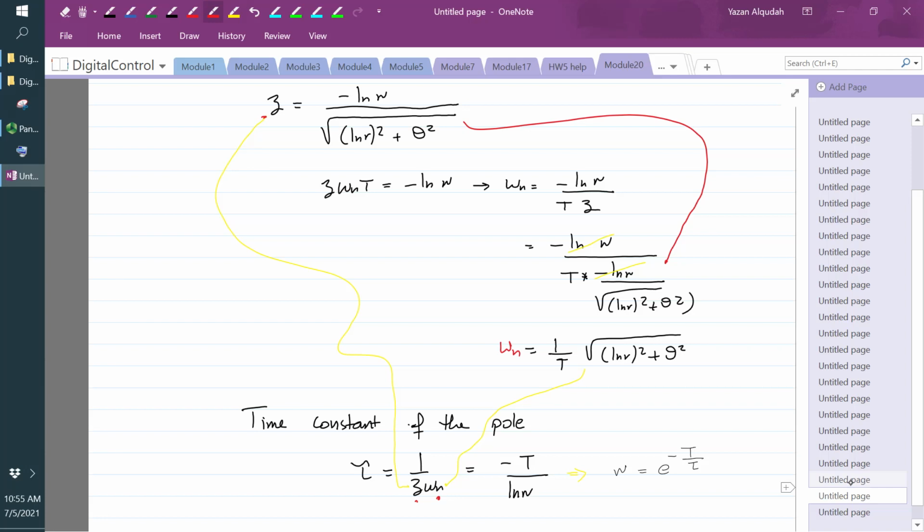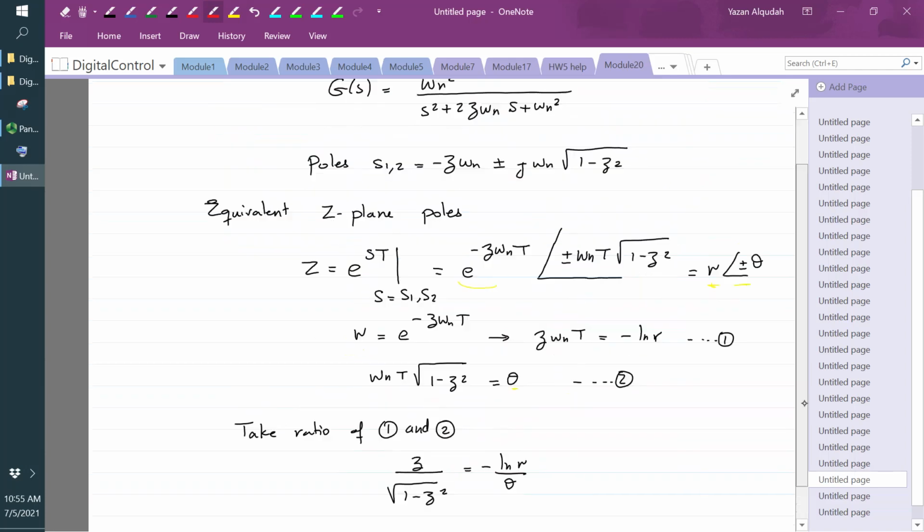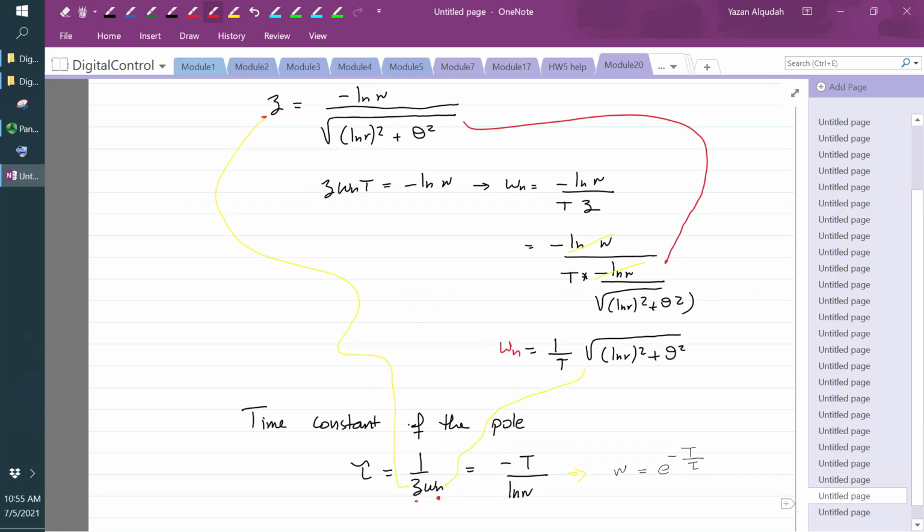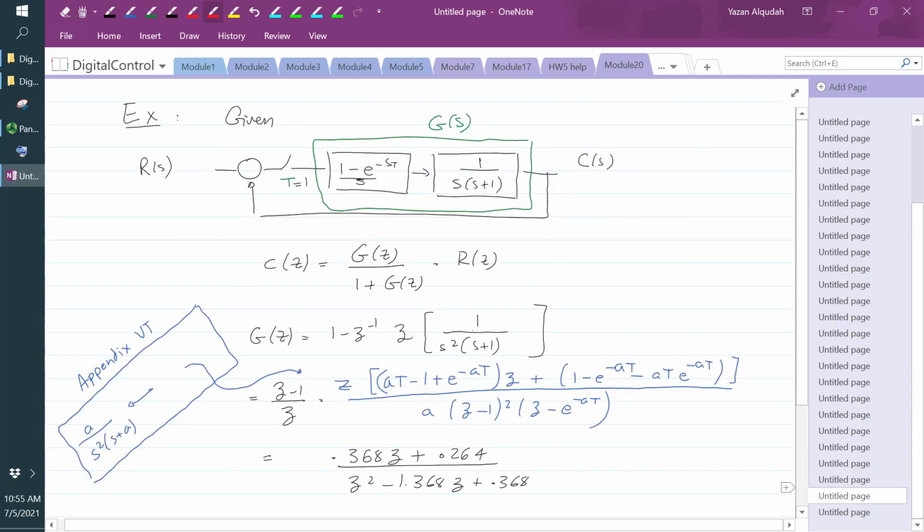Okay, so again, the poles are located at zeta omega n. 1 over zeta omega n is the time constant associated with it. So therefore I use that knowledge to apply it to this example.